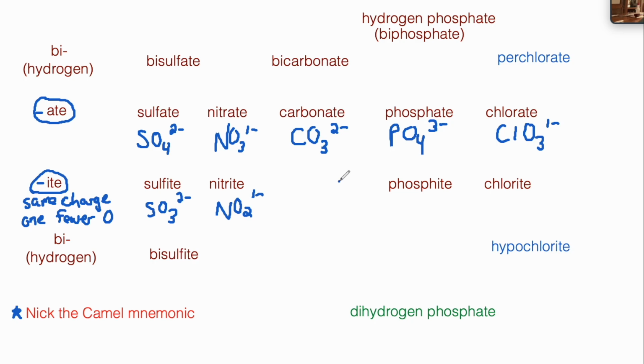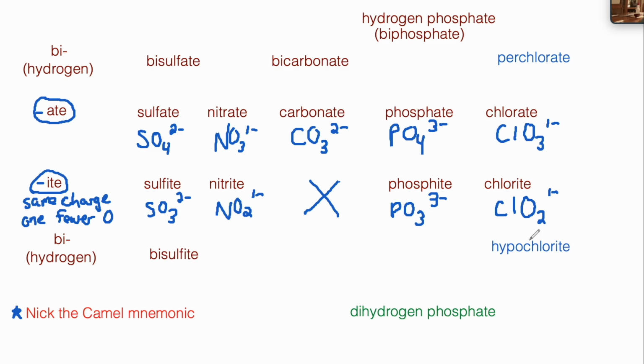There is not really a carbonate ion. Let's draw a little X there. Phosphite, we would take away 1 oxygen, PO3, and keep the same charge. And chlorite, we would take away 1 oxygen, getting a ClO2, and we would keep the -1 charge.